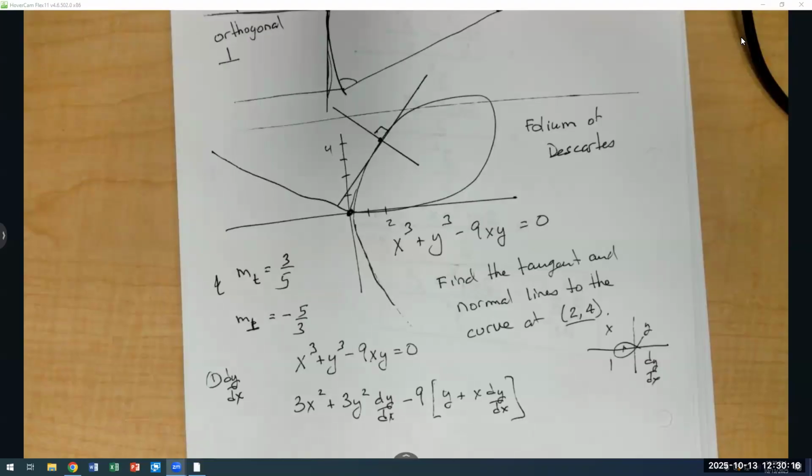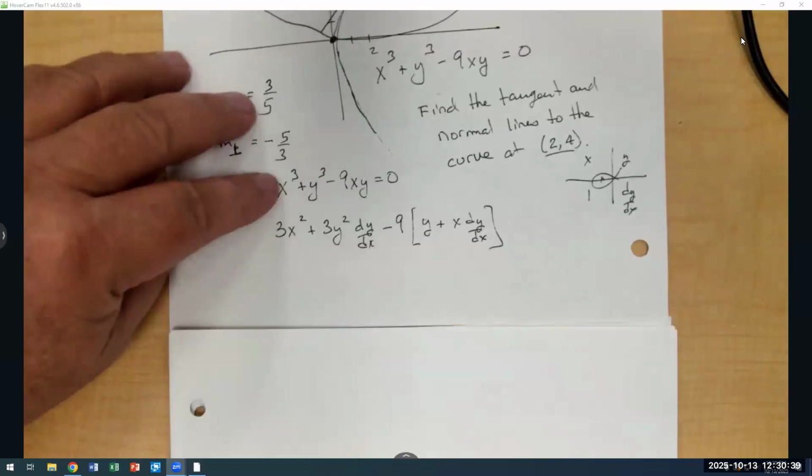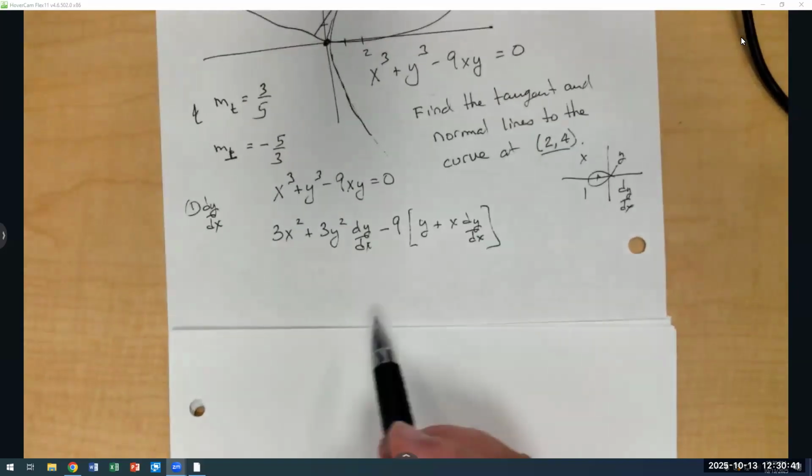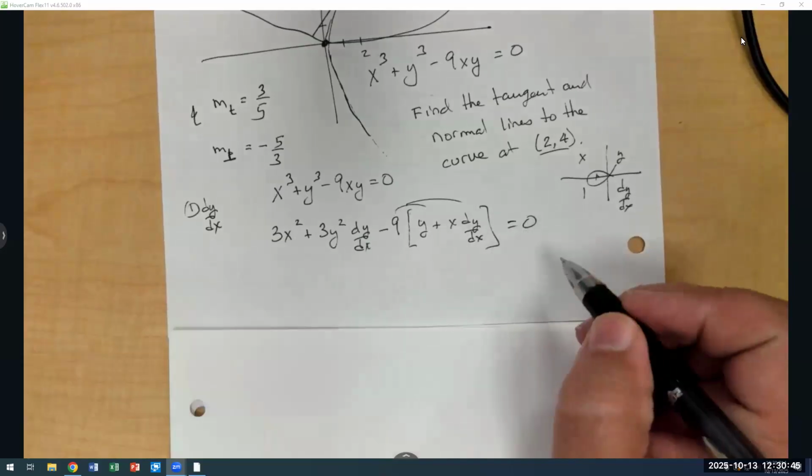Hopefully by this time you already know how to take derivatives. That's why I'm not too worried about it. If you want me to slow down, I can do that. But by this time, we should be able to figure out slopes of lines from algebra and basic calculus. Now we have to distribute that 9.